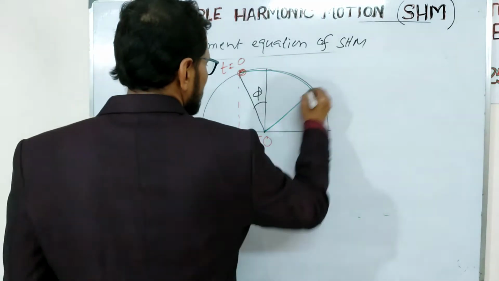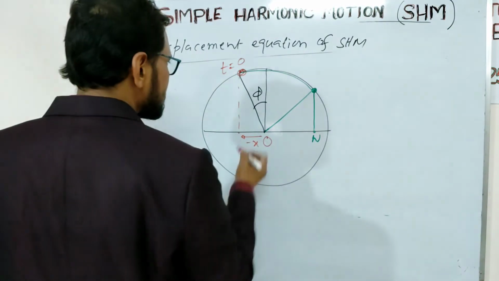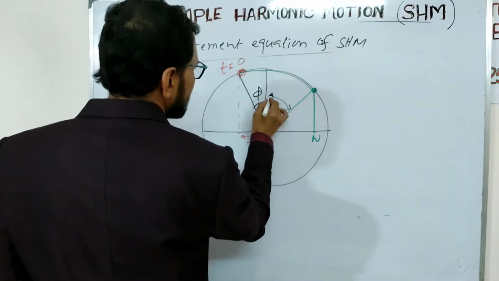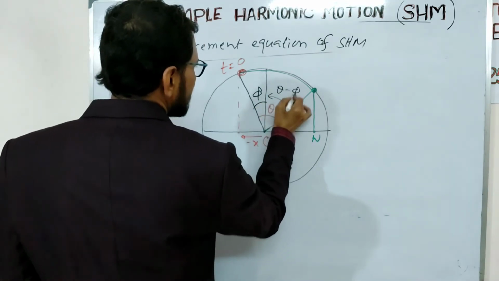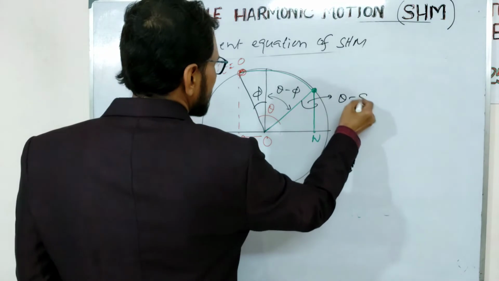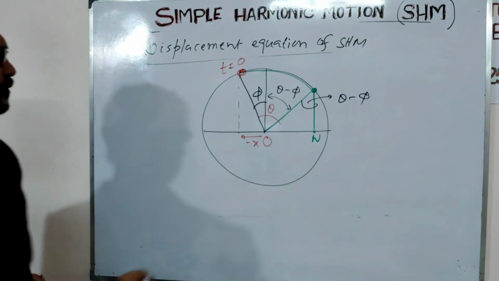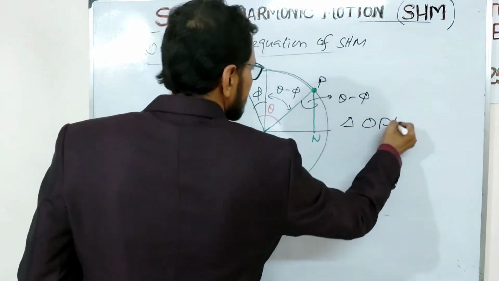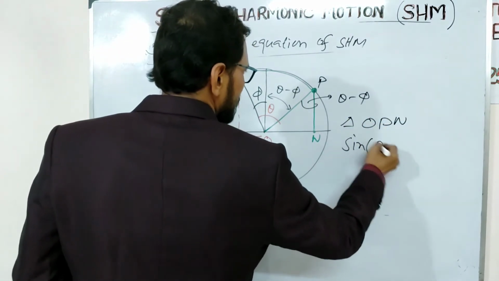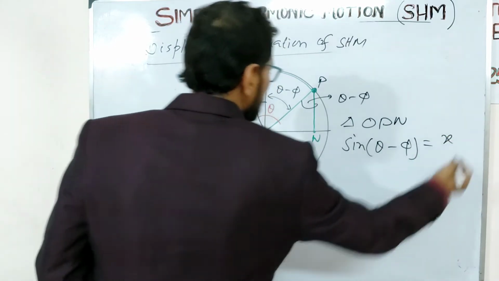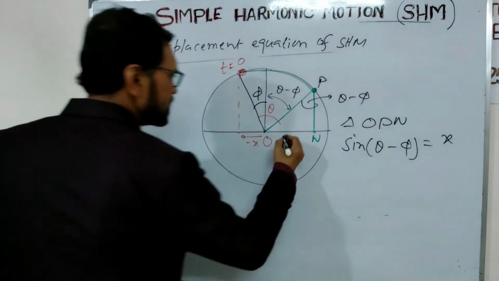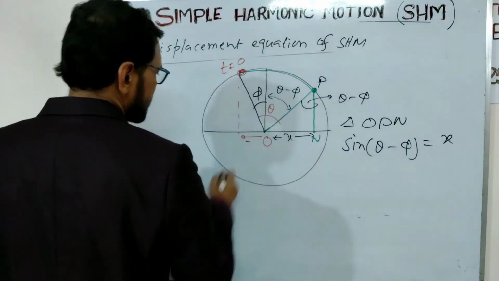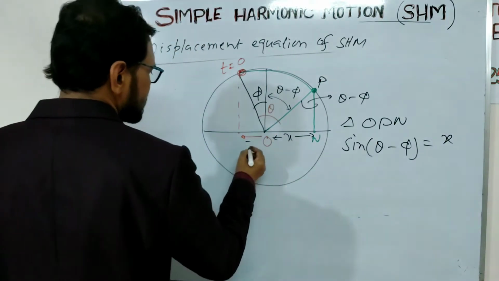Now we have to find this angle. This angle is theta, so this angle will be theta minus phi. Now from triangle OPN, sin of theta minus phi equals x by a, where this is x and this is the initial position, suppose minus b.